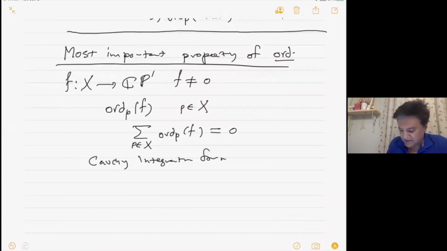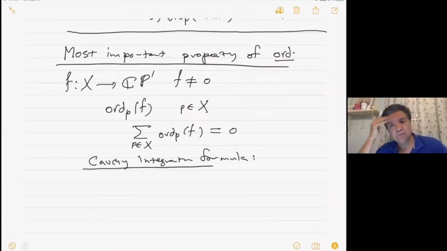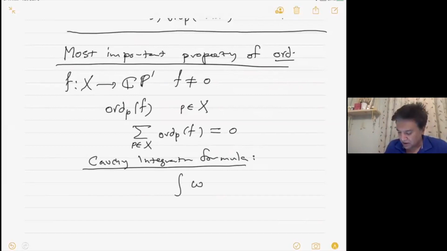You all have seen such a formula in a course in complex analysis, but this is also true for Riemann surfaces. It says that if you take the integral of a differential form omega along some closed path and multiply it by 1 over 2 pi i, the answer is equal to the sum of the residues of poles of omega inside this path.